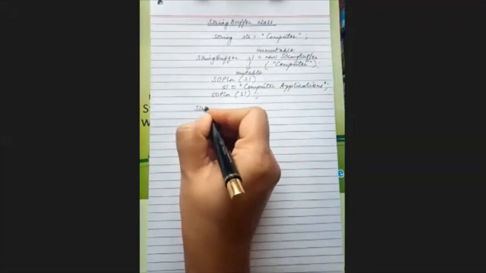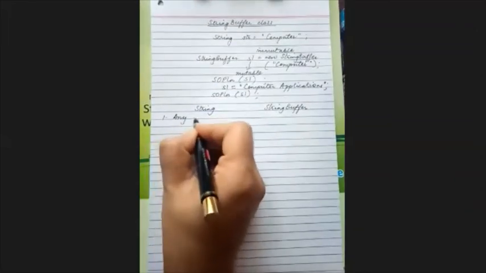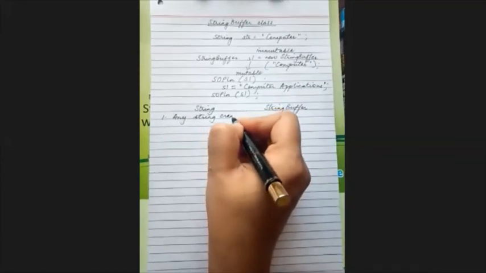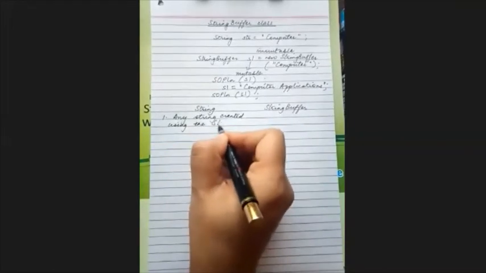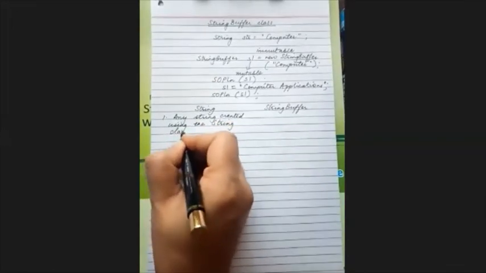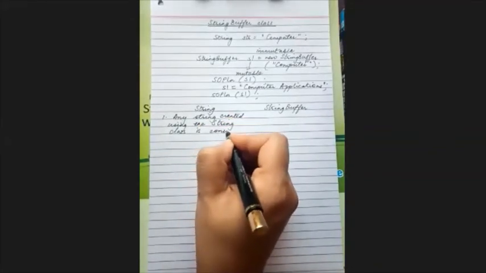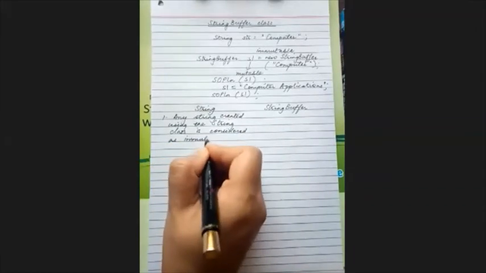So what is the difference between string and string buffer? The difference. First, any string created using the string class is considered as immutable.